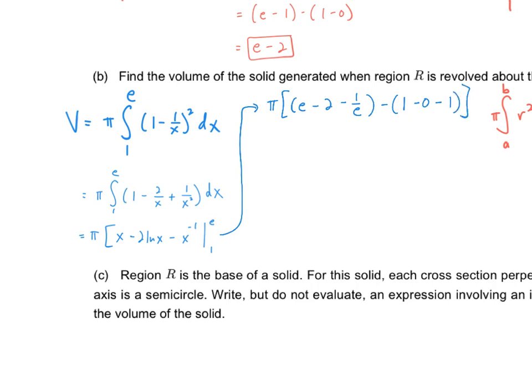Is that right? Yeah. Okay, so we can see this whole thing, 1 minus 1 is 0, so this whole thing is just 0. And so this is it. I would just leave the answer just like this.